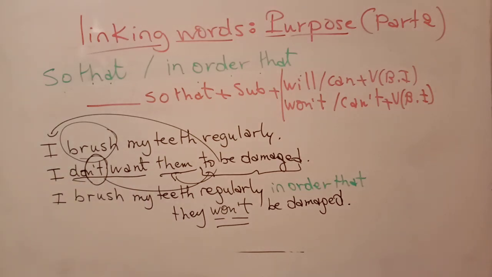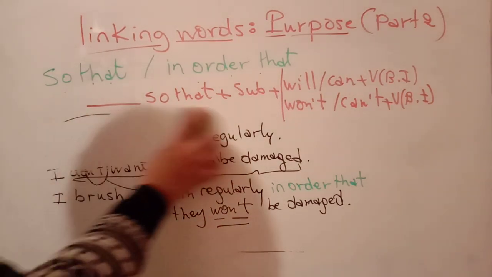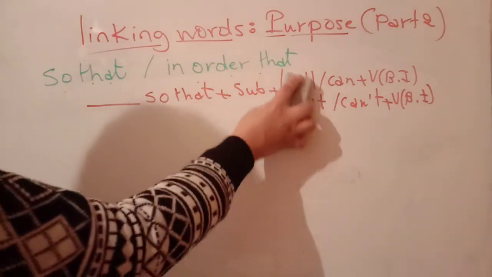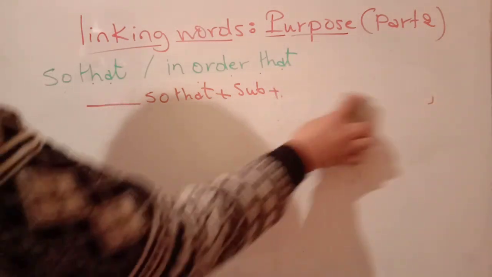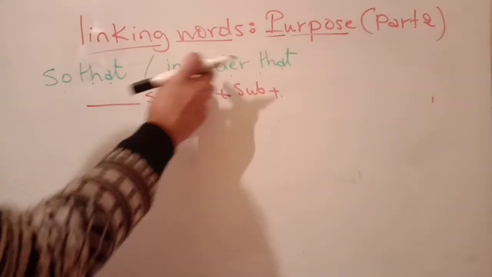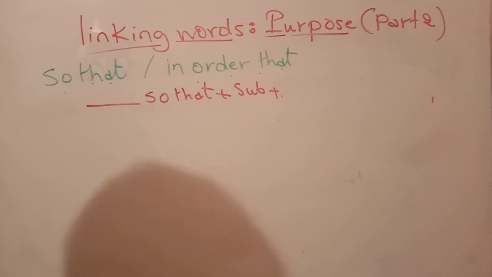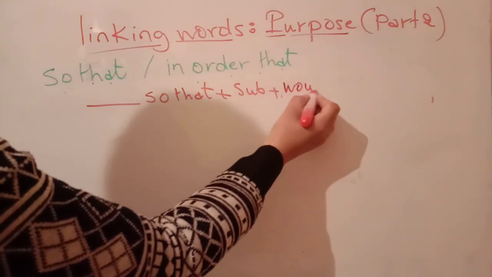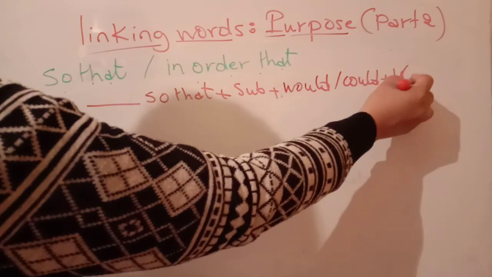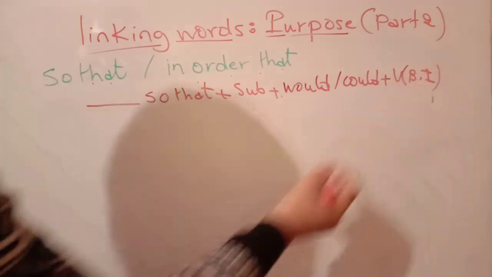Now let's study so that and in order that when the situation is past. When the situation is past, we are going to use these forms: so that or in order that plus subject plus would or could plus verb bare infinitive.